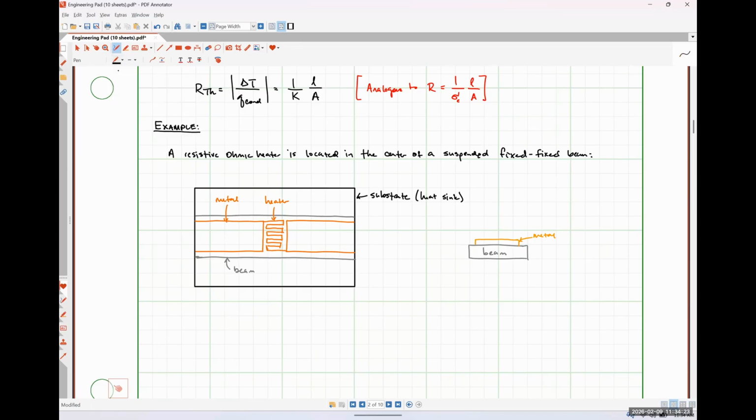So let's give this thing some dimensions. Let's say that the width of our beam is this guy right here, and it is 10 microns. This is the thickness of our beam, and it's 0.2 microns.